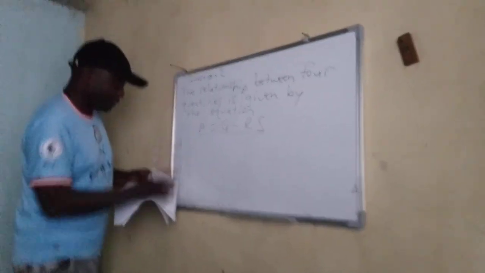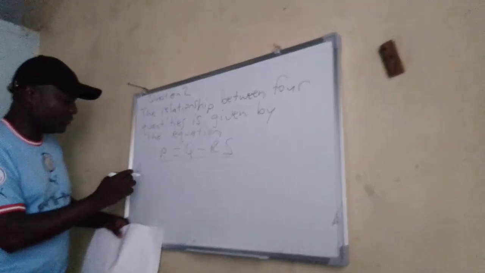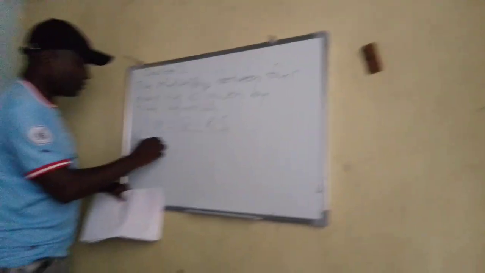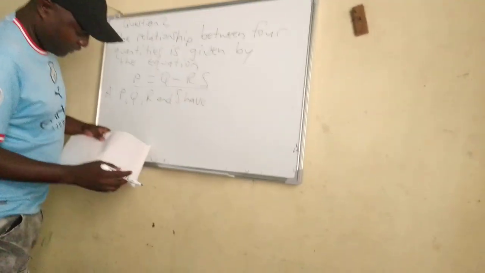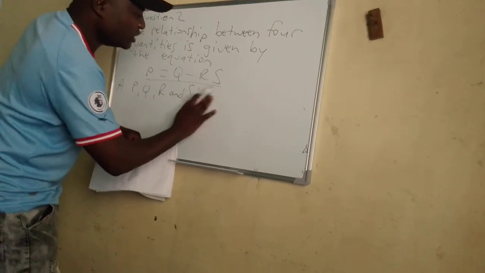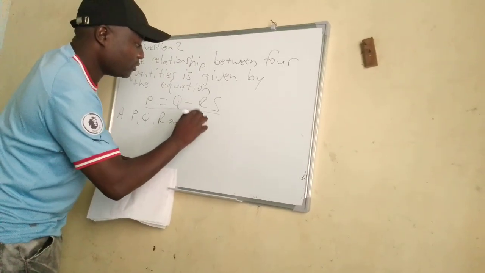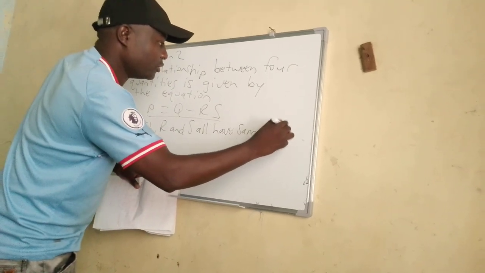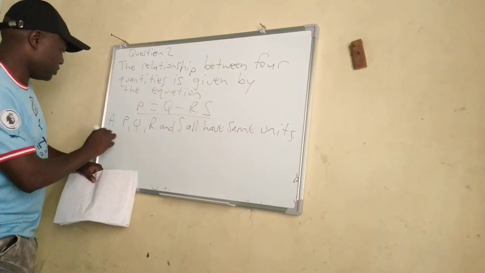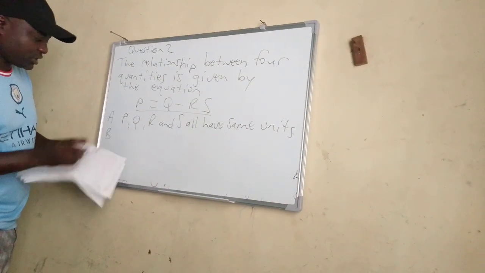A, P, Q, R, and S have all the same units. B, P, Q, R, and S are all scalar quantities.